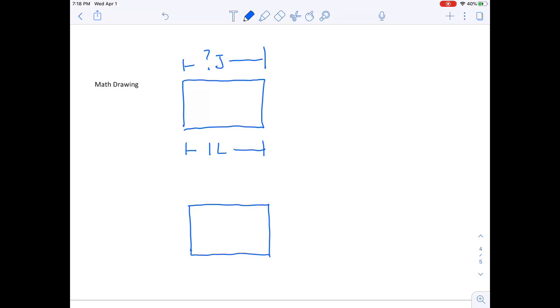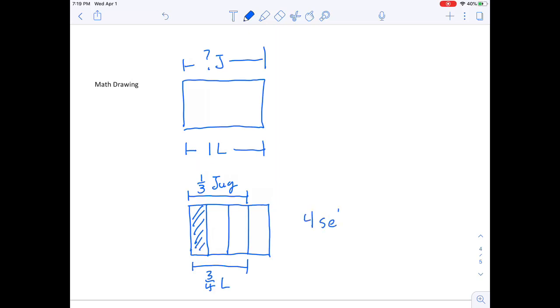And now 1 liter I'm going to partition into 4 equal parts, and I'm interested in 3/4 of a liter. 3/4 of a liter I know fills 1/3 of a jug. So this one's harder than the previous one because I want to know the value of one of these regions.